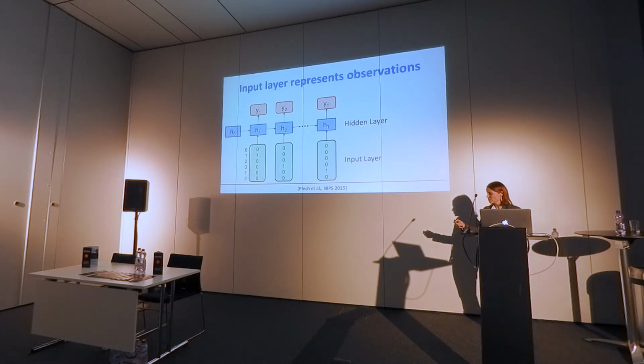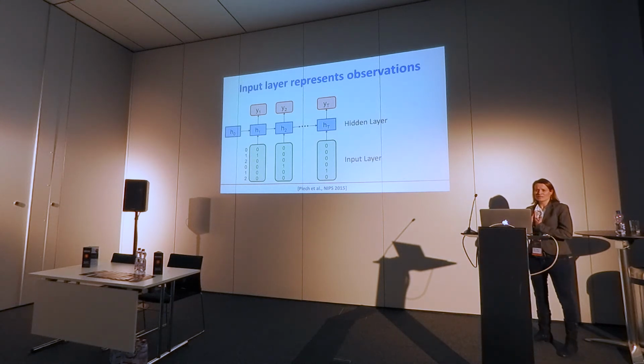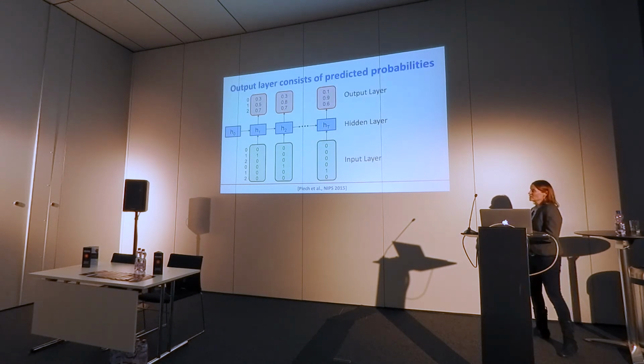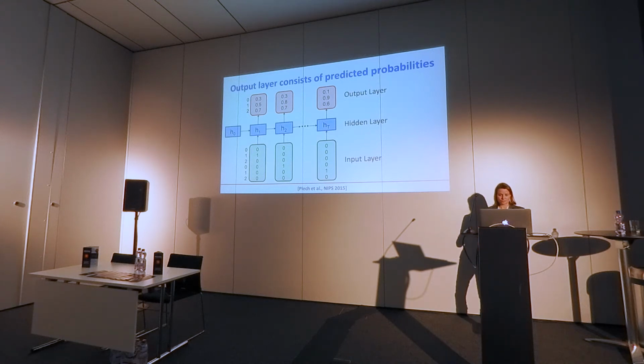So here we have 3 skills, 0, 1, and 2, and it's a one-hot encoding, so we have them twice, once for correct answers and once for wrong answers. And then, similar to the Bayesian knowledge tracing model, we have an output layer where we predict the probability that the student has learned a skill or not, or will solve a task associated with a certain skill correctly.